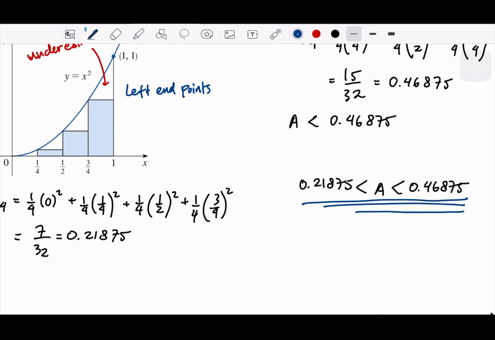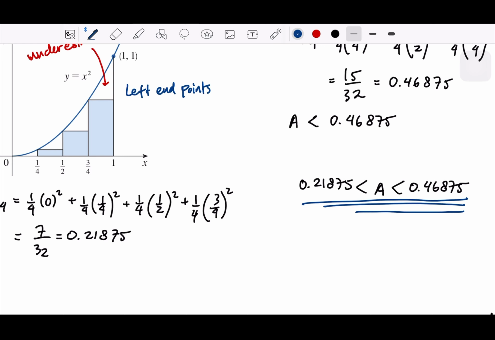But still, this interval is too wide, right? Perhaps the area is 0.3, perhaps it's 0.28, or perhaps 0.4. It's still less than this. So the interval is still too wide, and we need to do something. Since we defined from the beginning with 4 rectangles, maybe we could define more.